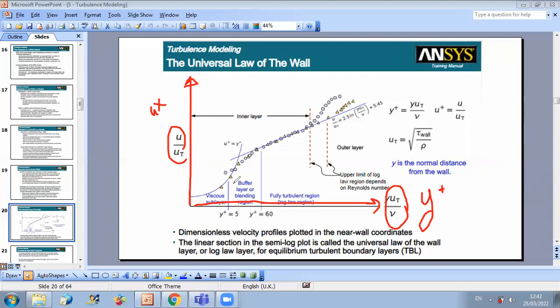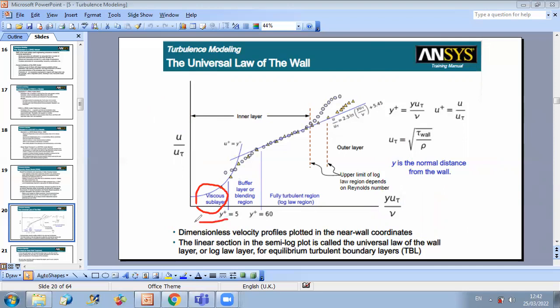And then you can identify a general rule for the development of your layers: I have the viscous sublayer in the region of y plus smaller than 5, my buffer layer will be between 5 and 60, and my turbulent region will be above 60. Now, whenever you have this graph, it will help you model the flow behavior near the wall.